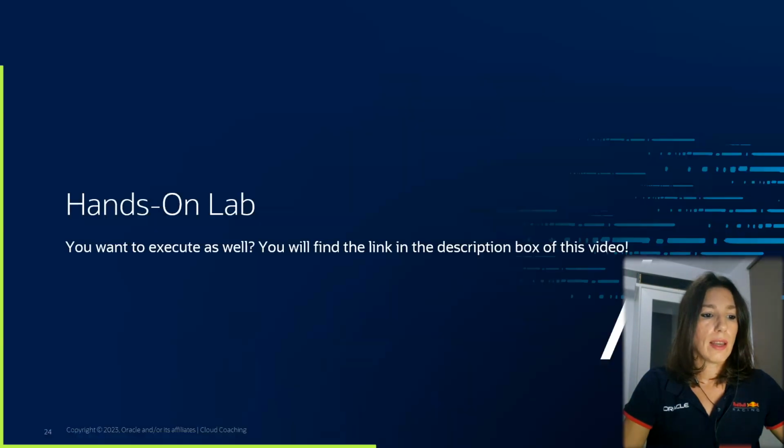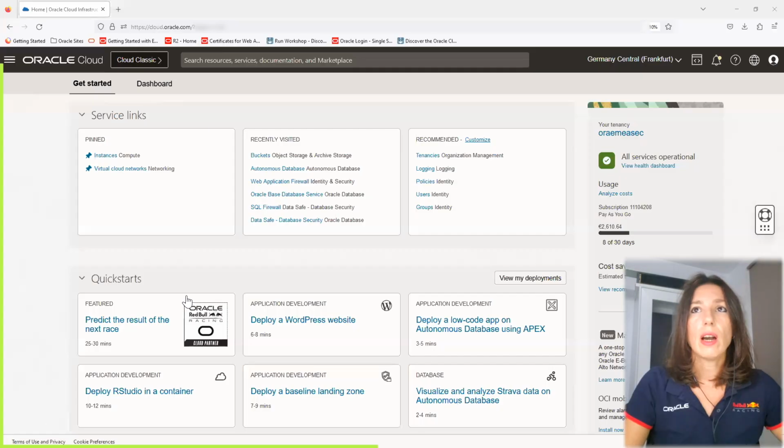So let's do it in the Oracle Cloud Infrastructure console. The first thing we need to do is run the security and compliance assessment. For this, in the lab, you will be provided with scripts. Once you have downloaded these scripts, you have to run them in your tenant.